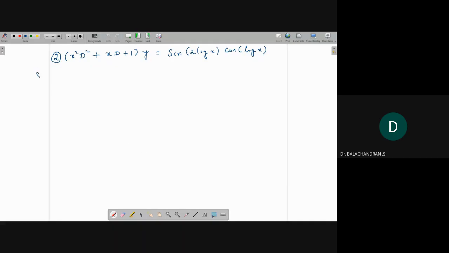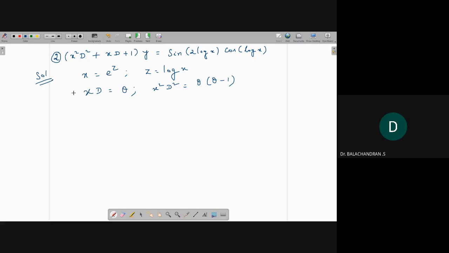Second problem: x square D square plus xD plus 1 into y equal to sine of 2 log x into cos of log x. So let us take x is equal to e power z, z equal to log x, xD equal to theta, x square D square equal to theta into theta minus 1.